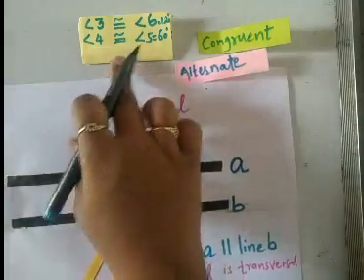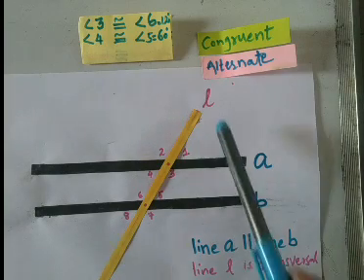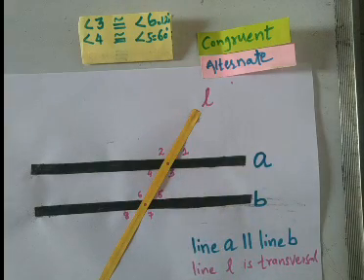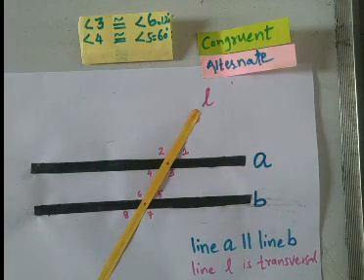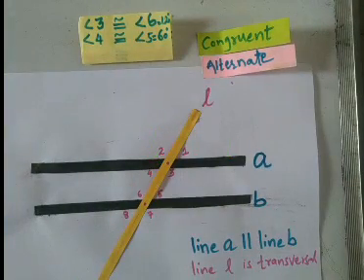So angle number 4 and angle number 5 are alternate to each other, they are congruent to each other. So when two parallel lines are intersected by one transversal, you will get two pairs of alternate angles.